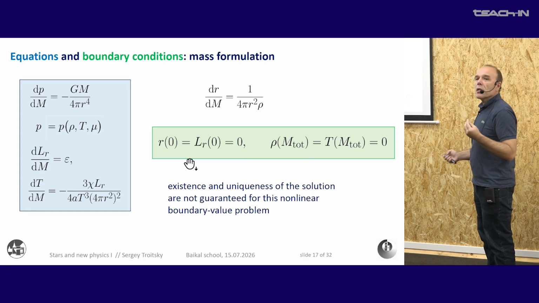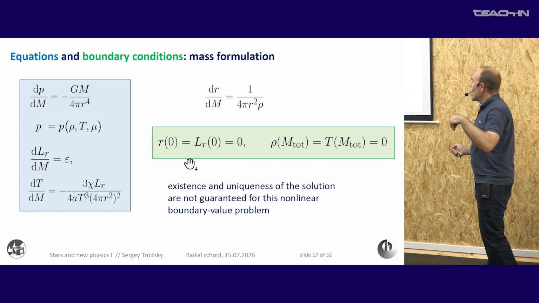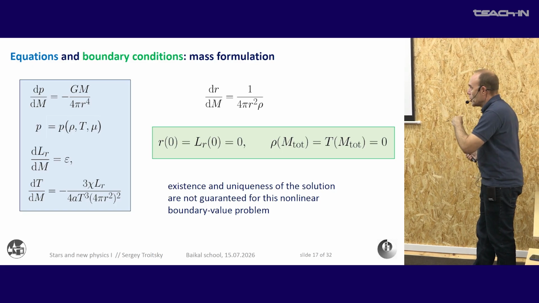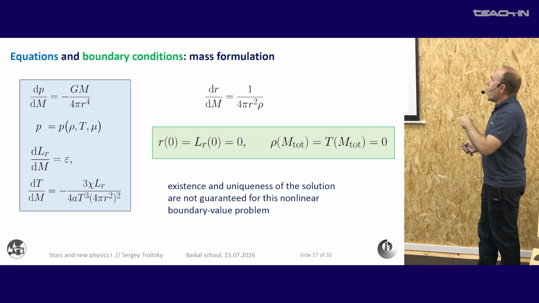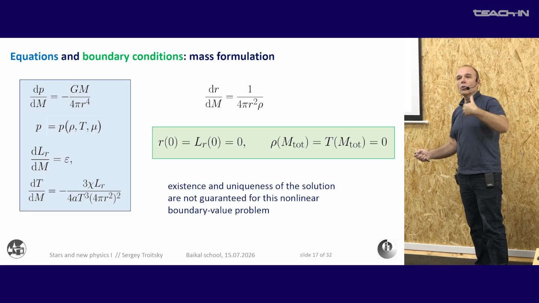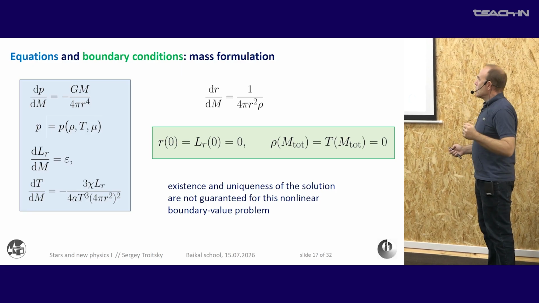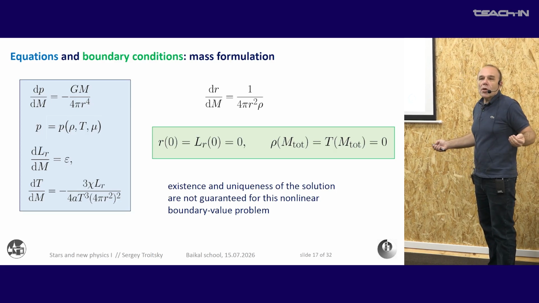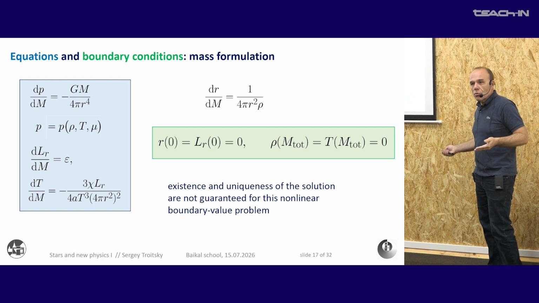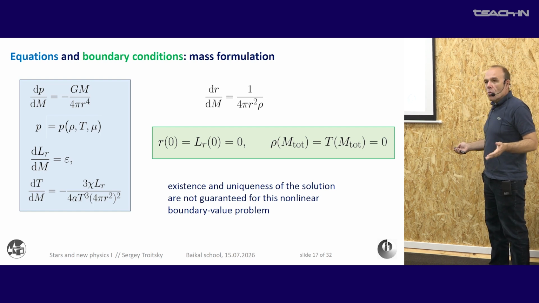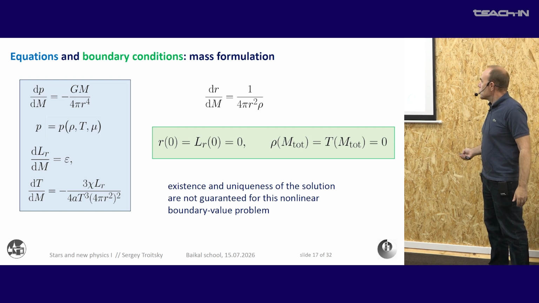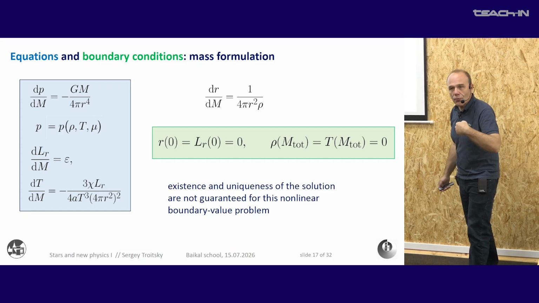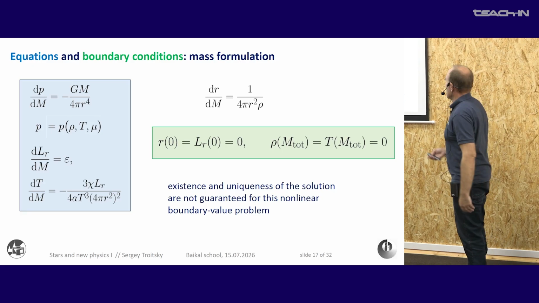And this is a well-defined system of differential equations, 4 equations, 4 functions, 4 boundary conditions, but as in any other nonlinear boundary value system, theorems of existence and uniqueness of solution do not work, and we are not sure that the solution is unique, and which is especially important for us, that it exists.